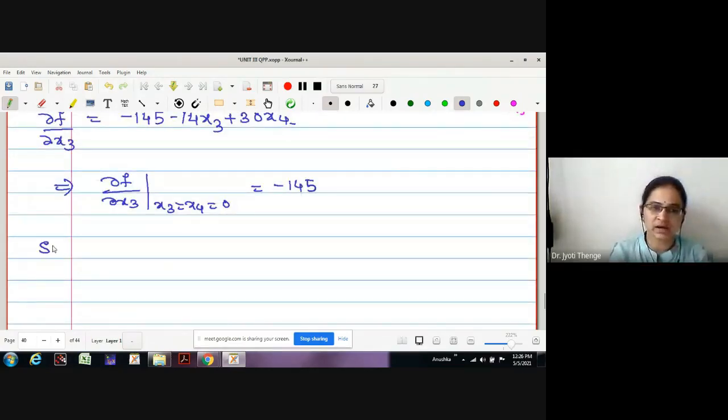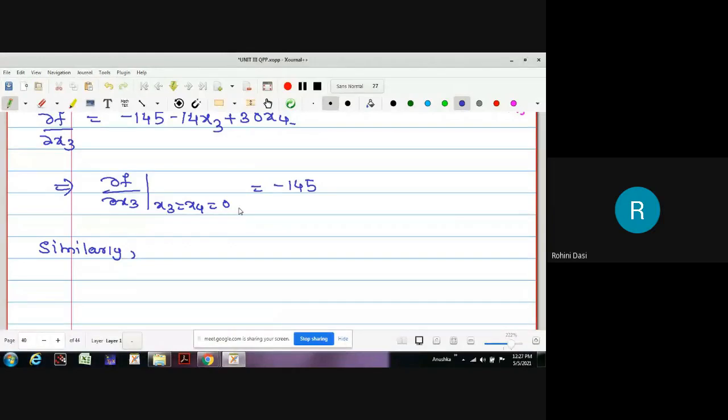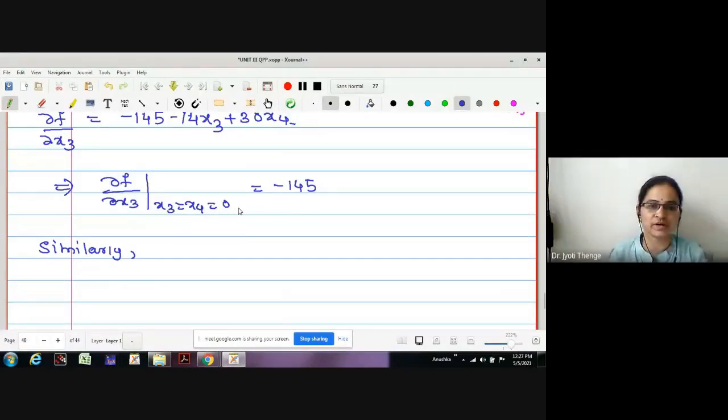Now similarly, if it is minus 45, can we take x3 as a basic variable? No, ma'am. Yes. Now let us go on differentiating with respect to x4.